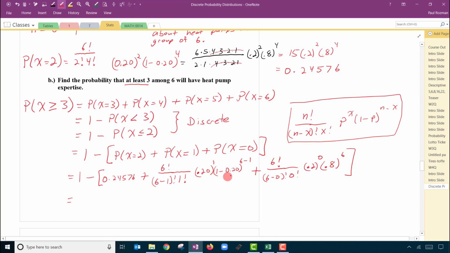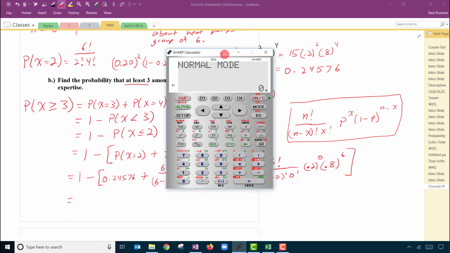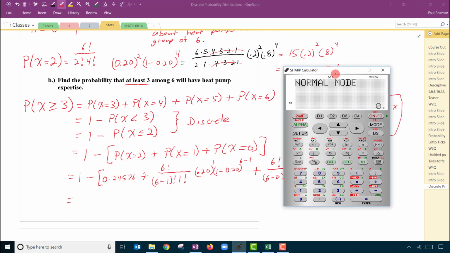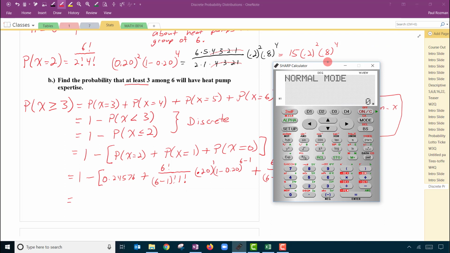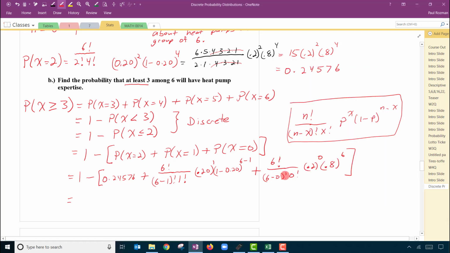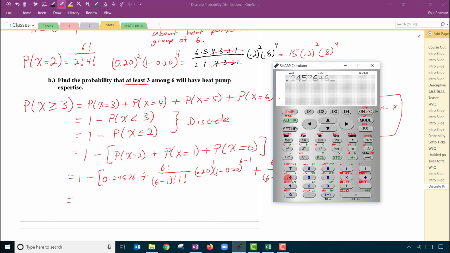We can do these on our calculator. Let's see if I can get the right answer. Let's take our initial result, the 0.24576, and then let's add that to 6, second, and then you find your factorial button. Oops, it's 4.